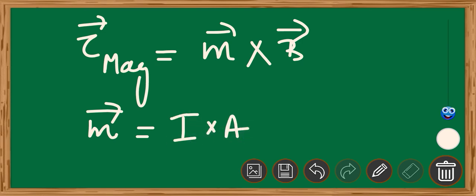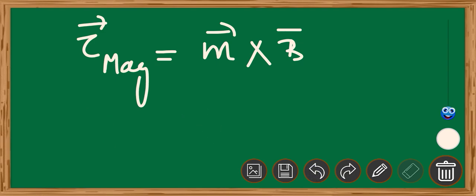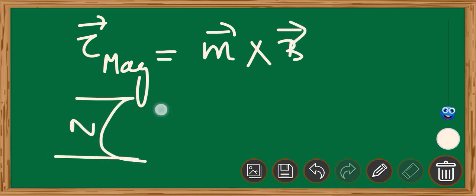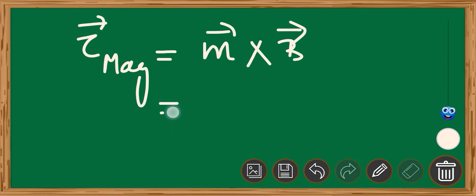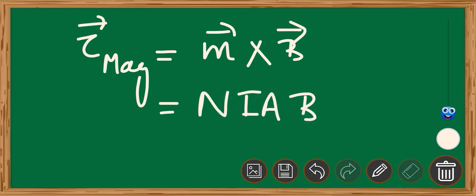Here the area is pi r square, so m is I into A. And for n turns, in this case, this circular current carrying conductor is wound with n turns of wire. So the magnetic moment becomes n I A, then into B sine 90, as the magnetic field lines are acting perpendicular. So sine 90 is equal to 1.